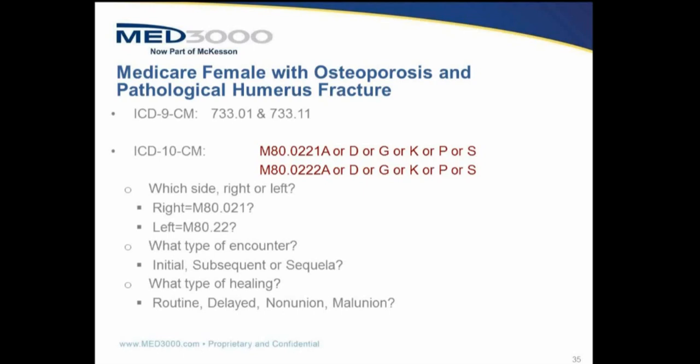So since everyone is into the ICD-10 arena, it's giving you an opportunity, depending on your codes and the type of patients you see in your practice, to say, what are we doing today?